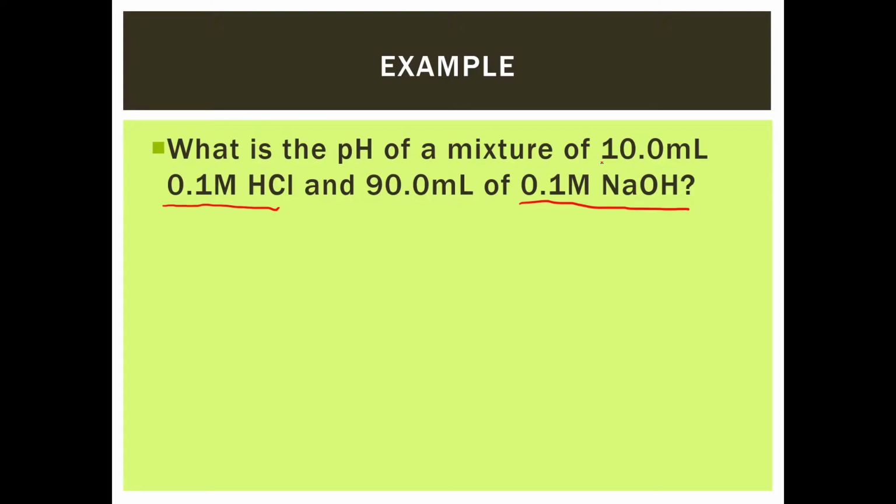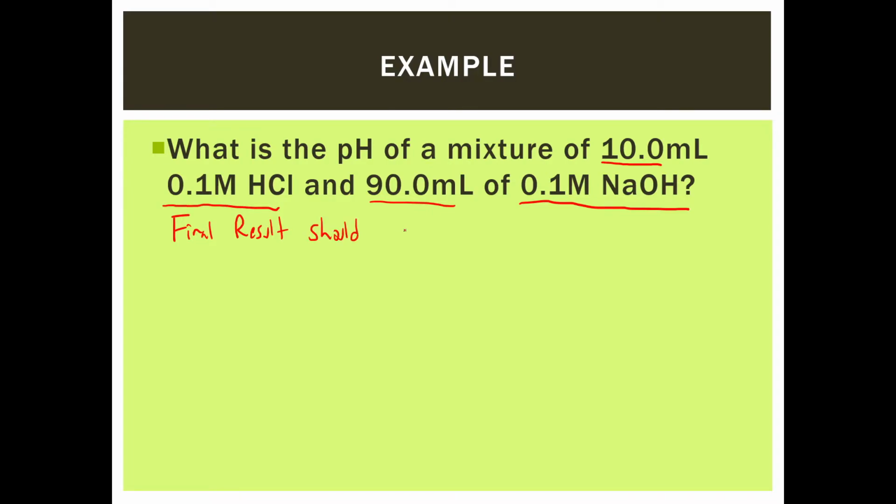Well, we only have 10 milliliters of HCl, where we have 90 milliliters of NaOH. So we should immediately suspect that this particular mixture should be basic in nature. So the final result should be basic.